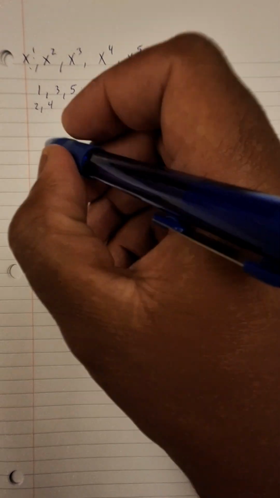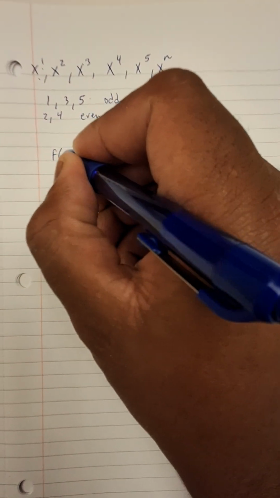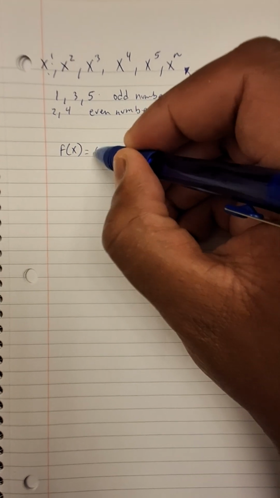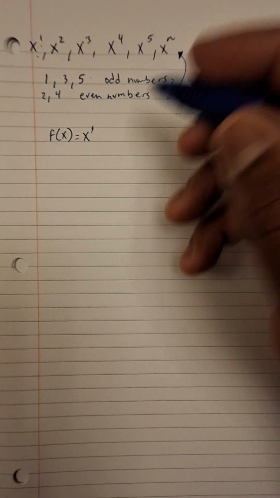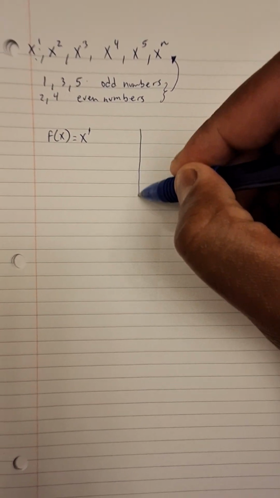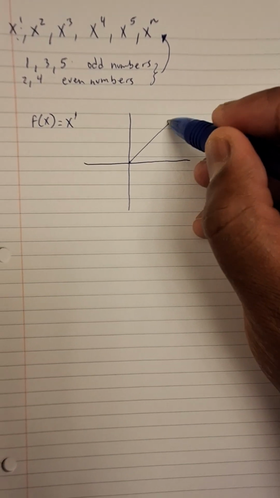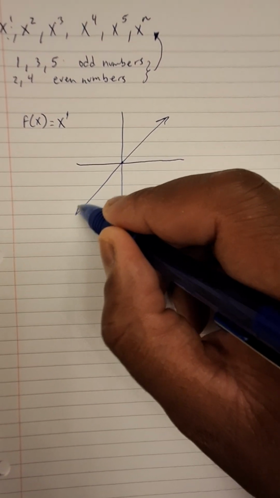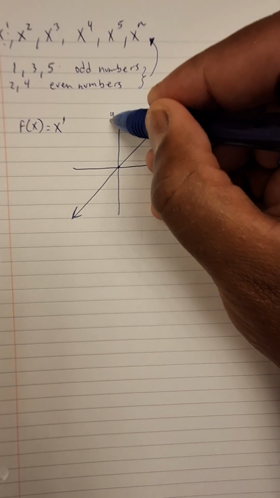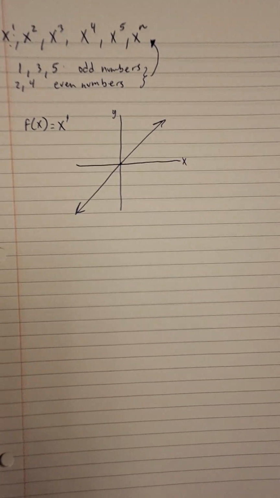Okay, so for example, let's say the function f(x) equals x to the 1st power. It behaves something like this, right through the origin. Let's say this is y and this is x.